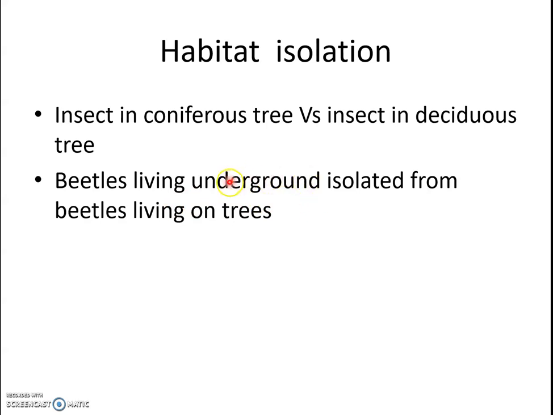This group of beetles, which spend their lives burrowing below the ground, are isolated from the beetles that spend their life on the trees. Ground dwelling beetles may not go up the tree in search of a mate. The tree dwelling beetles may not go down in search of underground beetles. So here the habitat is again acting as a barrier.